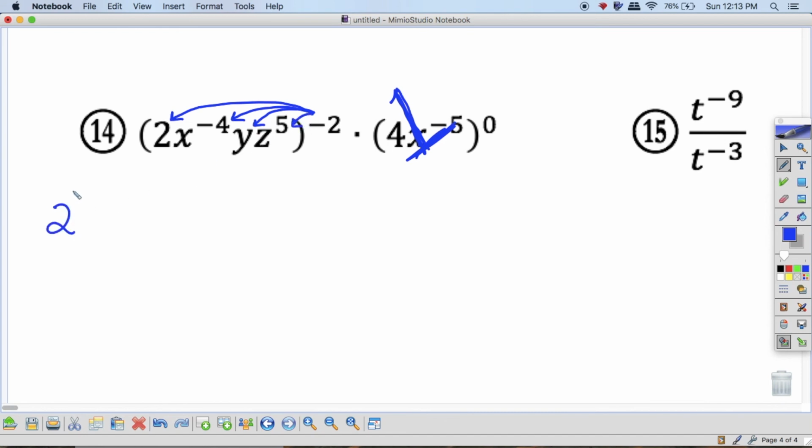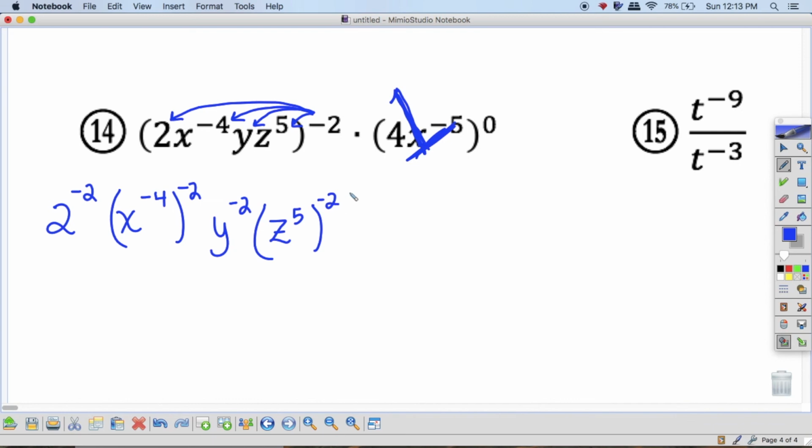So I've got 2 to the negative 2 power, x to the negative 4th to the negative 2 power, y to the negative 2 power, and z to the 5th to the negative 2 power. What do I do for a power to a power?